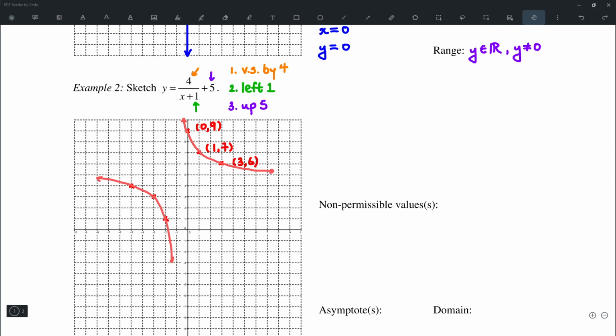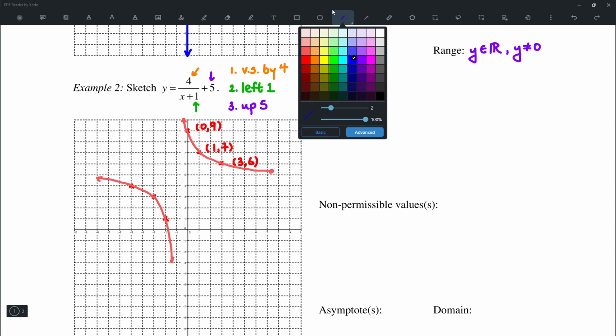And this is the resulting graph if we were to use a table of values, and using a bit of symmetry after we add in the asymptotes. So the asymptotes from the previous graph, x equals 0 and y equals 0, will be translated.